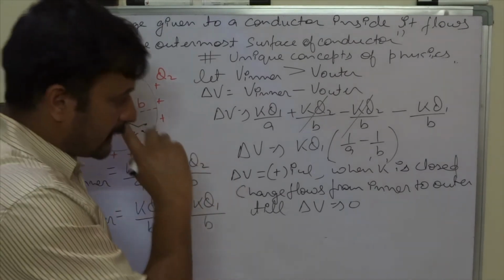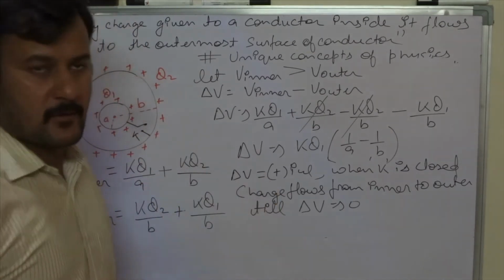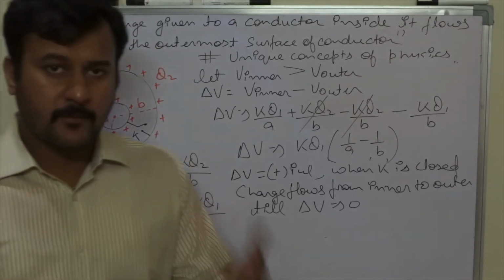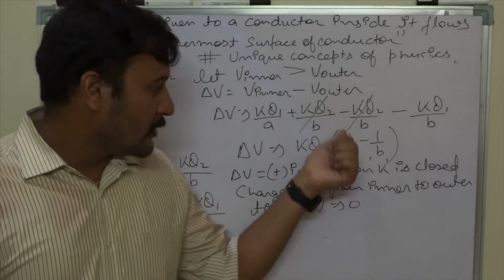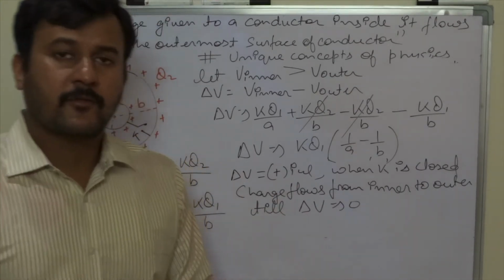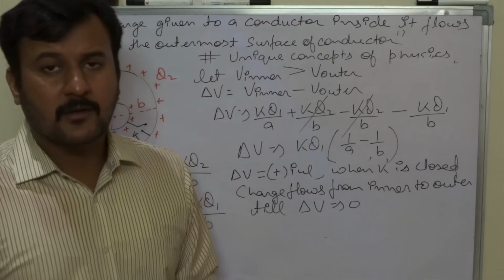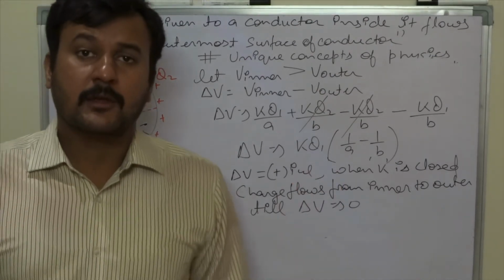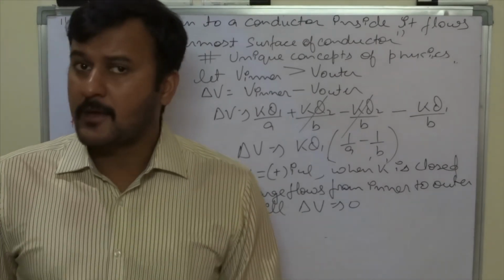Now how can delta v be 0? There are two possibilities, out of which one is not possible: 1 upon a cannot be equal to 1 upon b, as the radii of these two spheres are not variable. In fact, a is lesser than b, therefore 1 upon a is greater than 1 upon b. They cannot be equal.